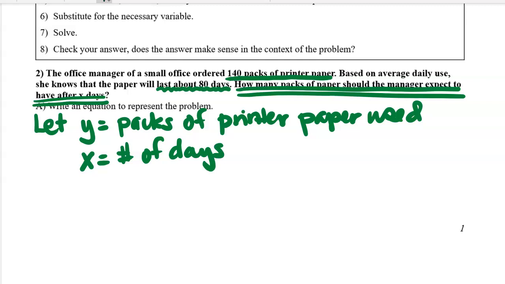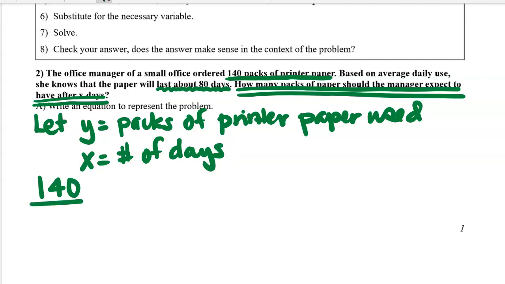We can write this equation in multiple ways. So, anybody want to get a start? How do we write this equation? What would you like? Daniel? Divide 140 by 80 to get the amount of paper used each day. Yeah. Okay. So, do you guys remember back in Algebra 1, we used to do proportional, right? So there's 2 ways. We can do 140. 140 represents what, guys?